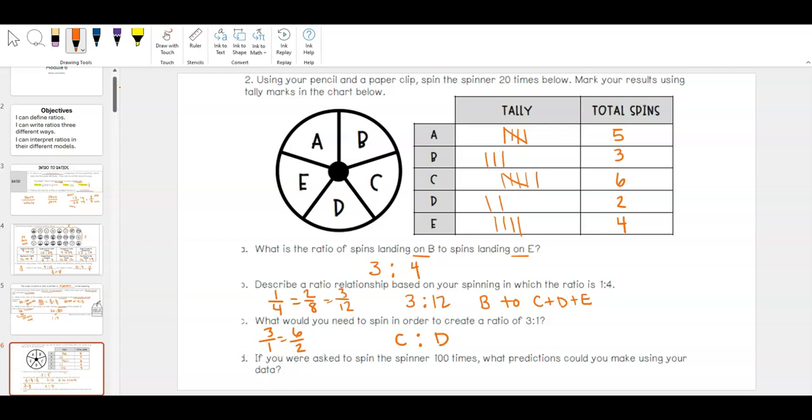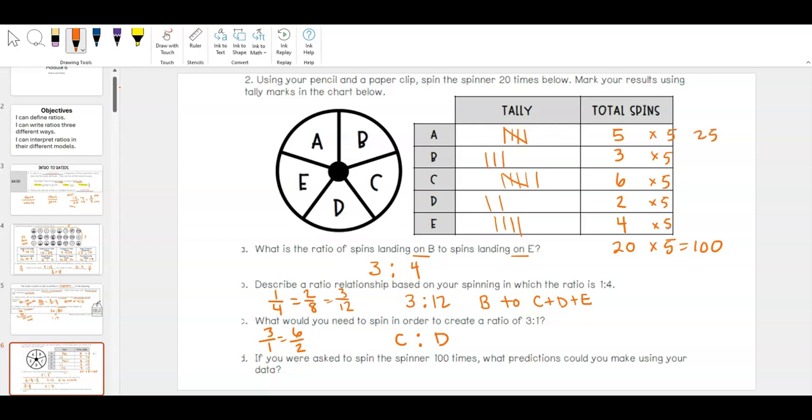And then it says, if you were asked to spin the spinner 100 times, what predictions could you make? Now, because my total spins here is 20, 20 times 5 is 100. So I could estimate that if I multiply everything by 5, that could be what my spinner would look like in 100 turns.